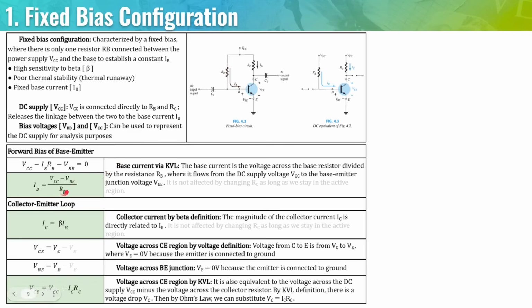And then the total resistance is just RB. From our previous discussions, we know that IC is still equal to beta IB, and that VCE is equal to VCC minus ICRC. So another way to write VCE is VCE is equal to VCC minus V sub RC.